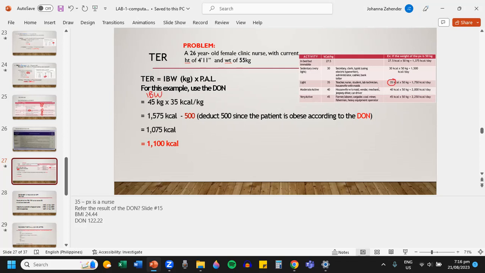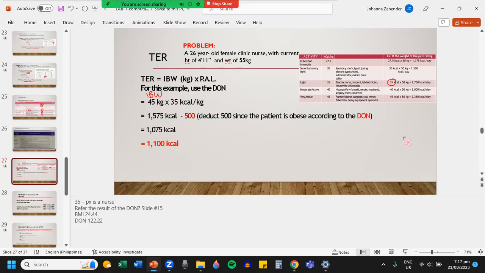The BMI of the patient is 24.44, so the patient falls under the obese, DOH. Because of this, we are going to deduct 500. So 1,575 minus 500, you will then arrive with an answer of 1,075 kilocalories. Then you're going to round it off to 1,100 kilocalories.